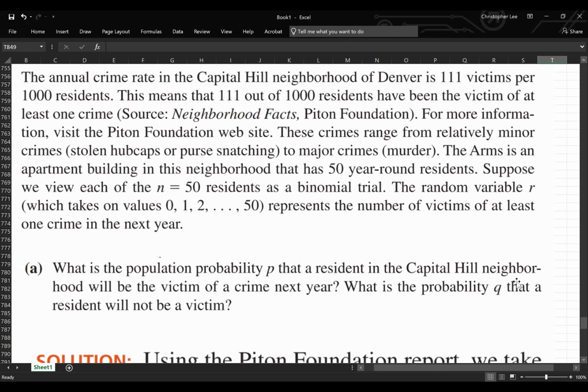Equals 0.111, but Q is 1 minus 111 divided by 1,000. That gives 0.889.